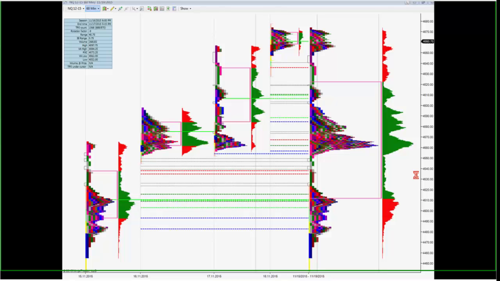This is usually what most people think of when they think of a market profile. It allows us to see the different concentrations of volume at the different price levels. Over here you have price on the right, these are the different price levels, and this represents the volume traded at those levels.